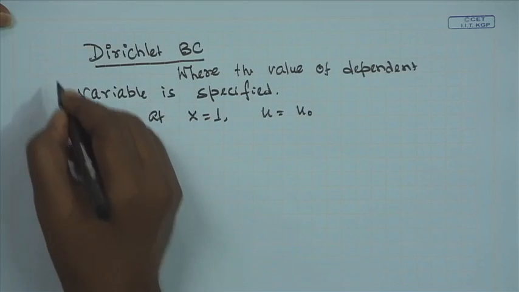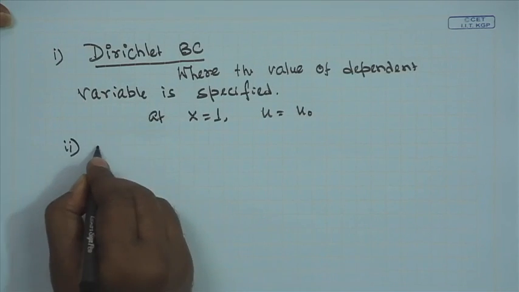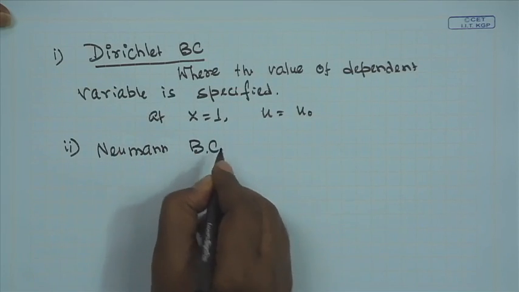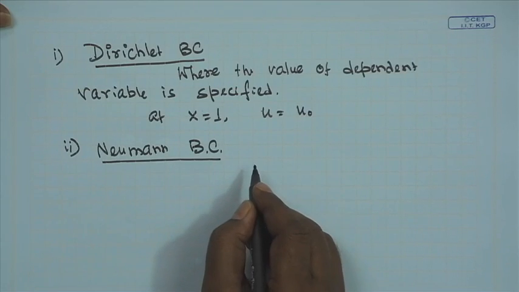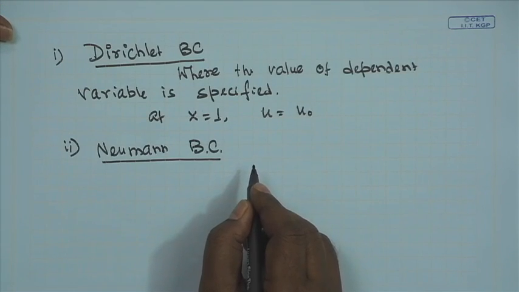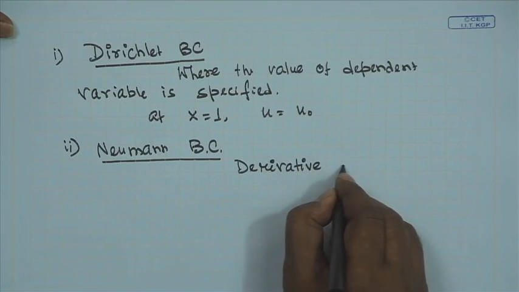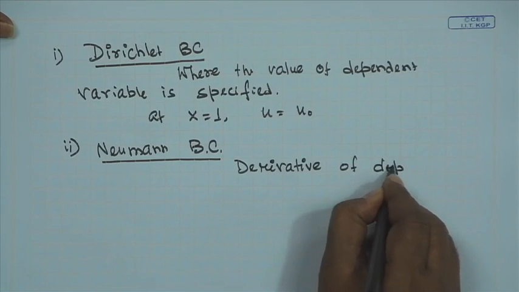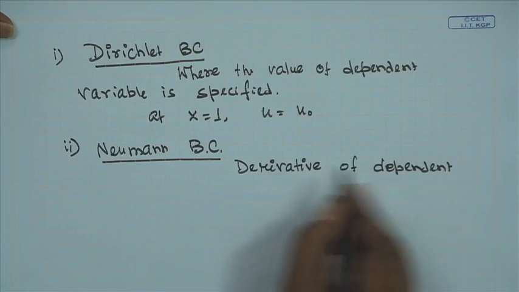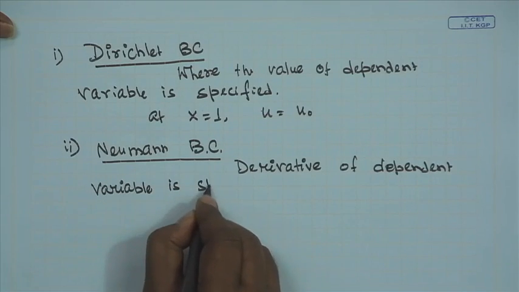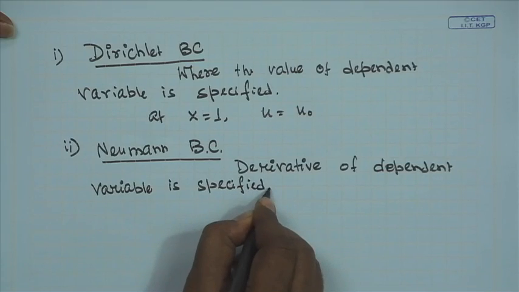The next boundary condition is the Neumann boundary condition. What is the Neumann boundary condition? In case of Neumann boundary condition, the derivative of the dependent variable is specified at that boundary. So, when the derivative of the dependent variable is specified, then it is known as the Neumann boundary condition.